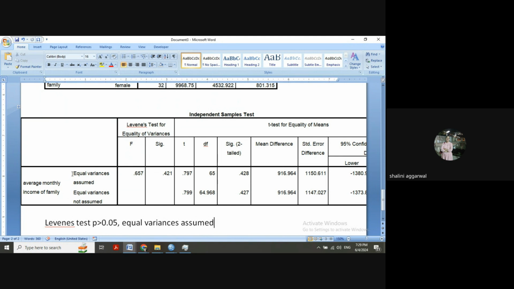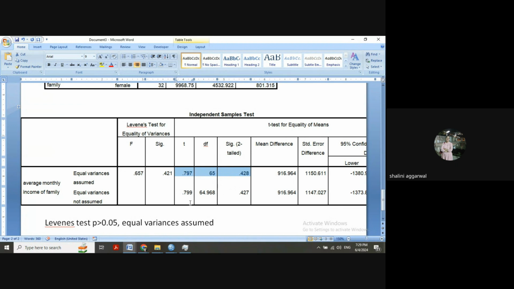That means you have to look at this. You can see now, this is your t-test result. This is Levene's test and this is the t-test results, right? So the t-test is divided into two parts. One is equal variance assumed, the upper one, and equal variance not assumed, the lower one, right?